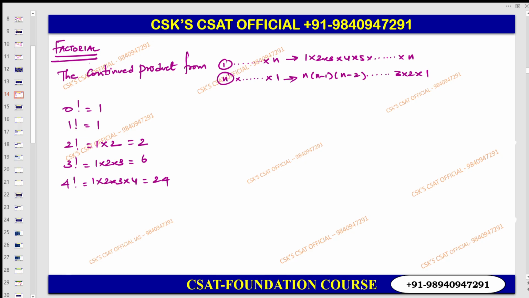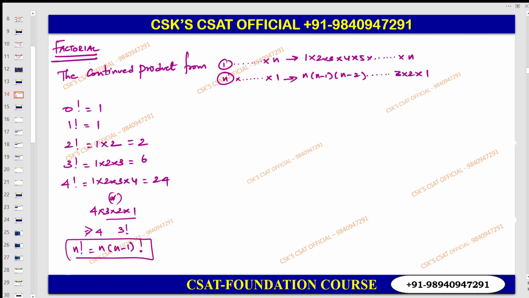Now try to understand. This can be written as 4 into 3 into 2 into 1. This 3 into 2 into 1 can be written as 3 factorial, so this is 4 into 3 factorial. Therefore we are deriving one property: n factorial is equal to n into n minus 1 factorial.